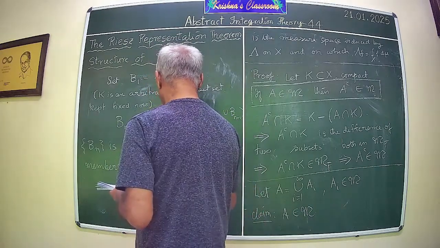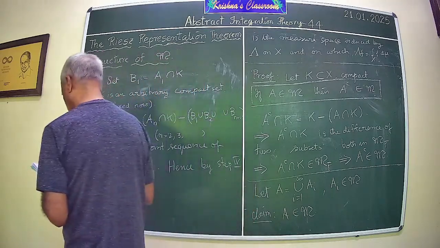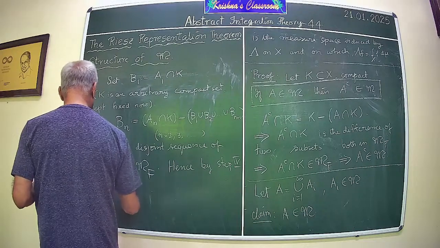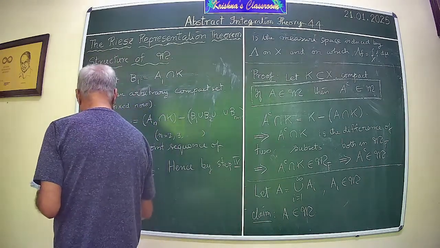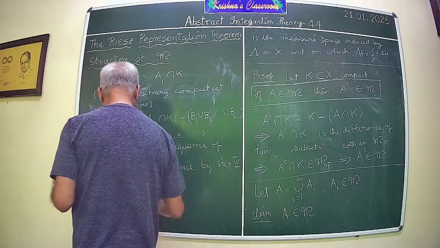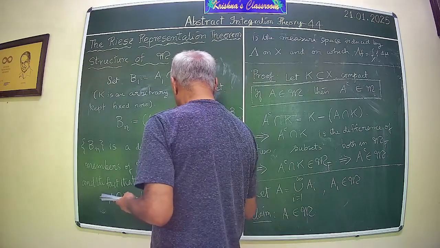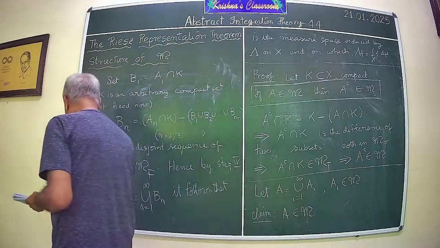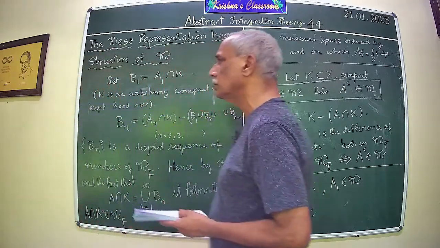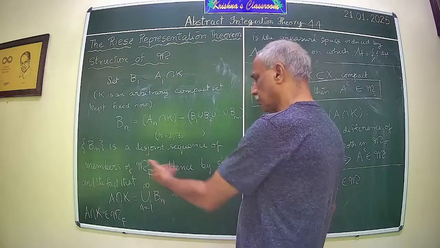Hence, by step 4, and the fact that the union of A_n intersection K is the union of the B_n, it follows that MF is closed under countable union, and therefore this follows.